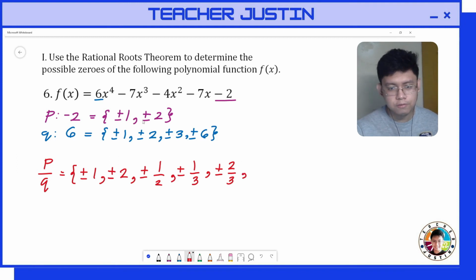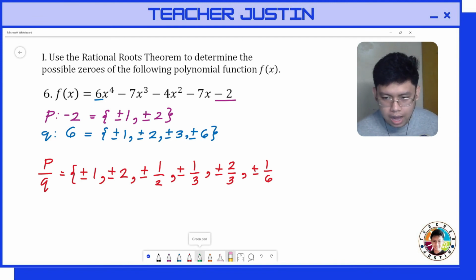So, 1 divided by 6 is ±1/6. And 2 divided by 6 can be simplified as 1/3. No need for us to place 2/6 because we already have the value of that one, which is 1/3. And that's it.